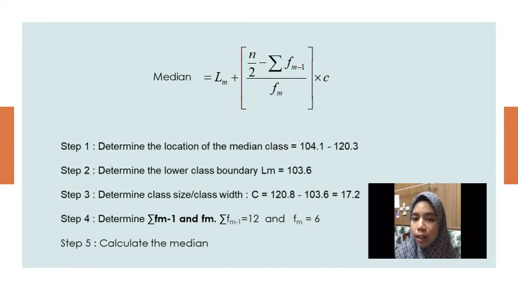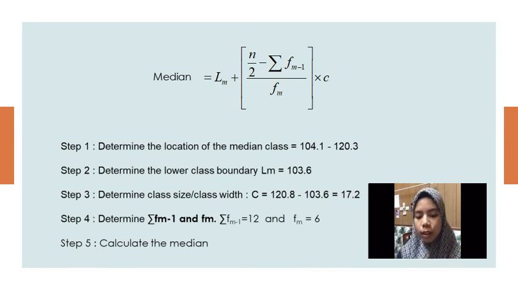So the lower class boundary Lm is 103.6. Step 3: determine the class size or class width C. 120.8 minus 103.6 equals 17.2.